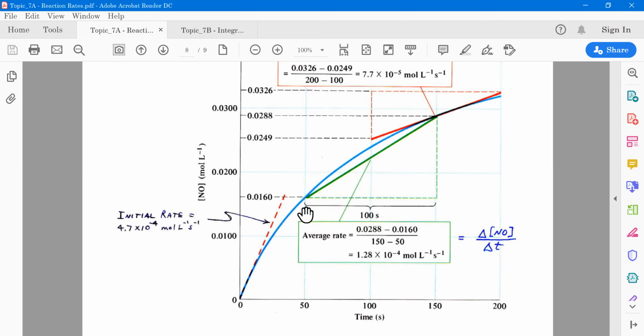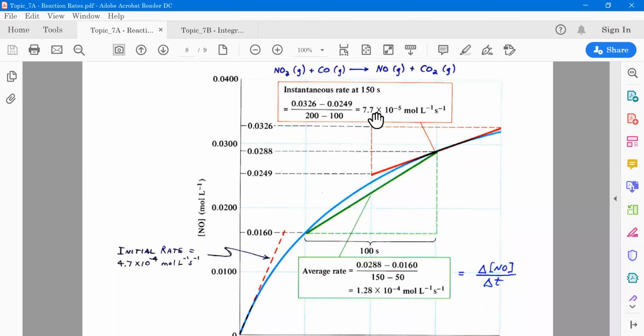So over this entire 100-second interval, the overall reaction rate is 1.28, which is slower than the initial rate, but faster than it is at some particular point, not an average, but a tangent at some particular data point later on.